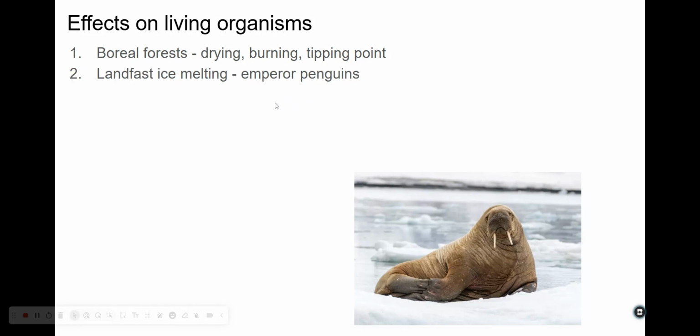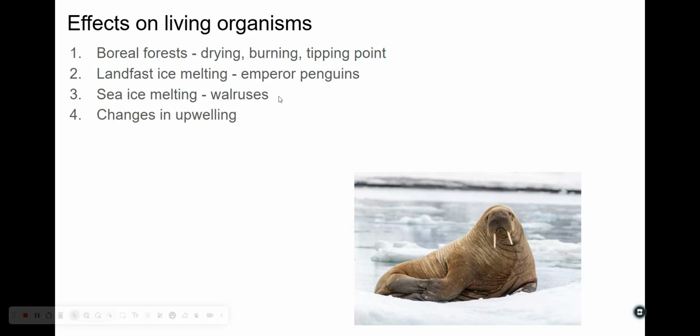The landfast ice is melting, and this is affecting our emperor penguins in Antarctica, the South Pole, where they are losing their breeding grounds because the ice is breaking off, and then they cannot access their breeding grounds. Walruses are being affected by the sea ice melting in the North Pole, so the other side of the globe. Similar thing, where they live on the sea ice, and as that melts, they don't have as much habitat.